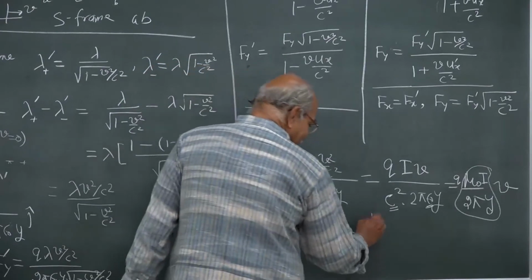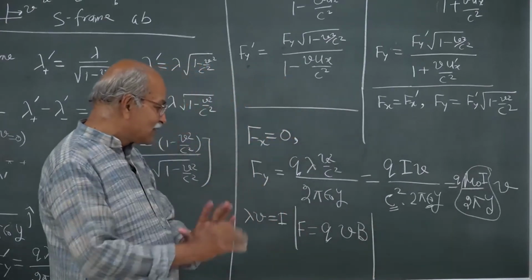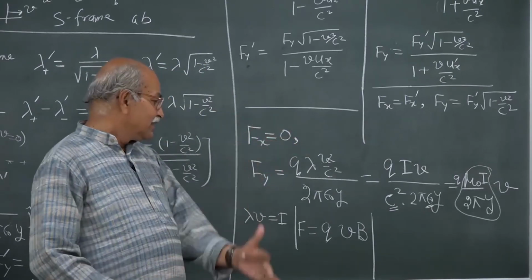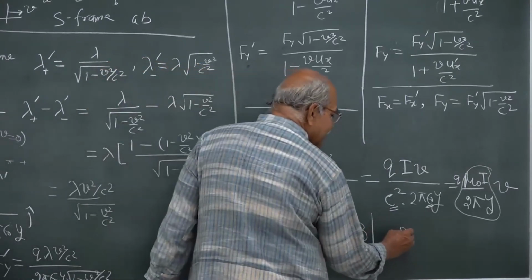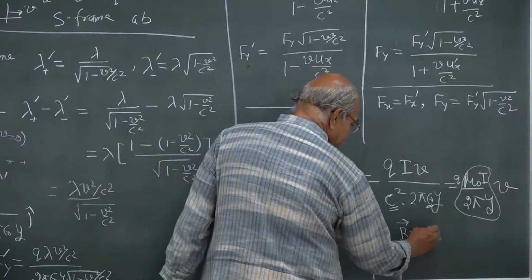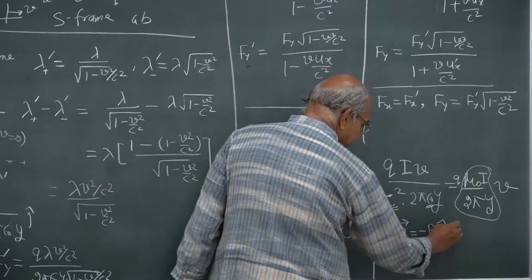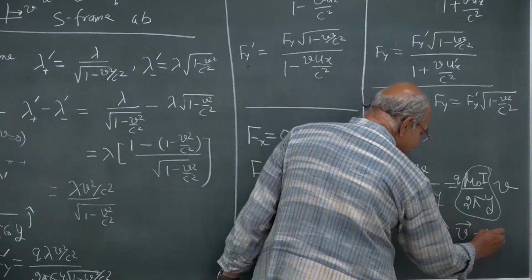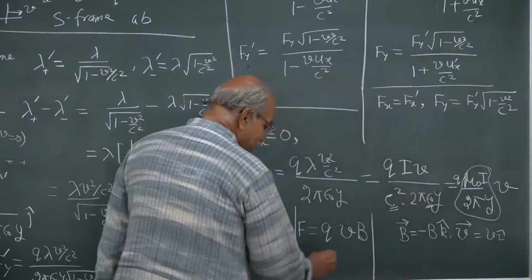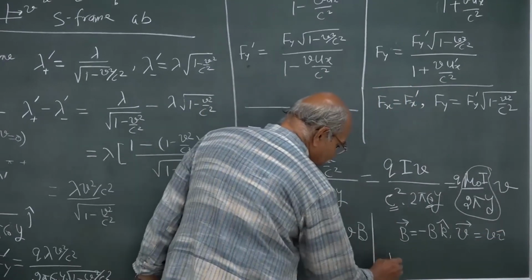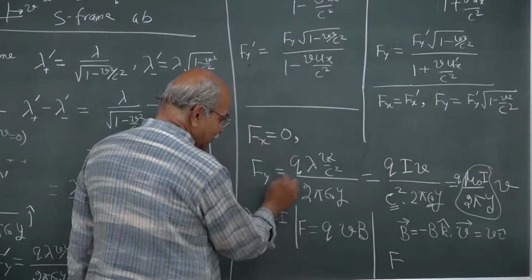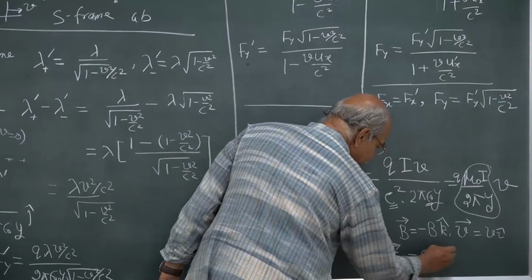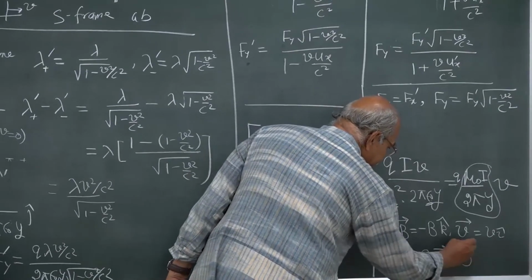And if you give directions also, write b vector as minus b k cap, and this v vector as v i cap, you can immediately see that this force, which is in y direction, will be q times v cross b.